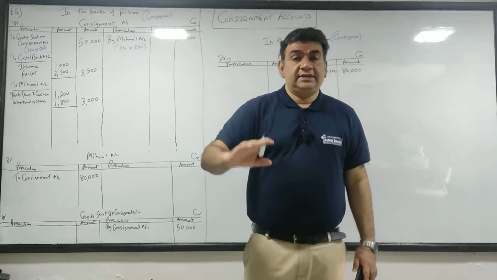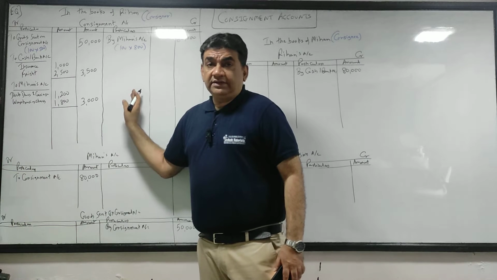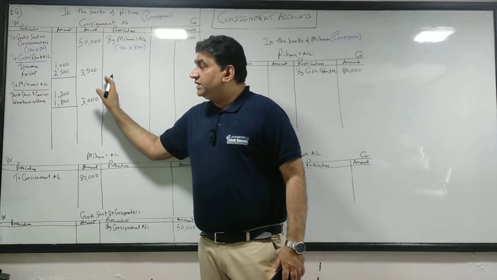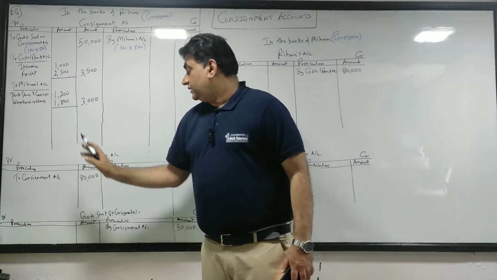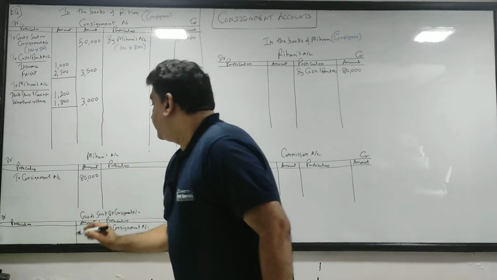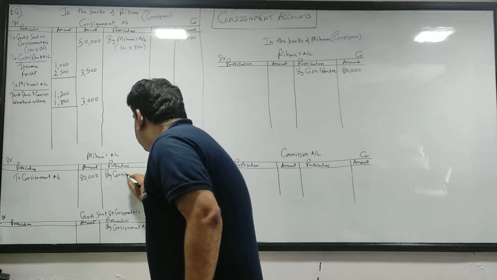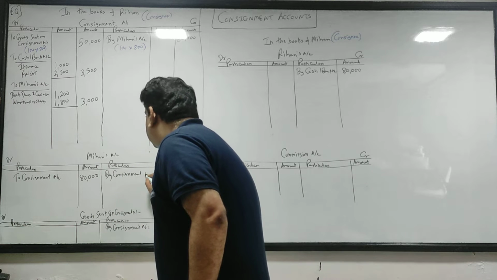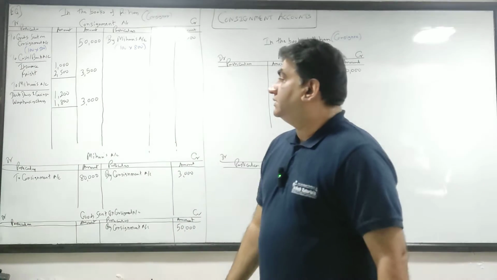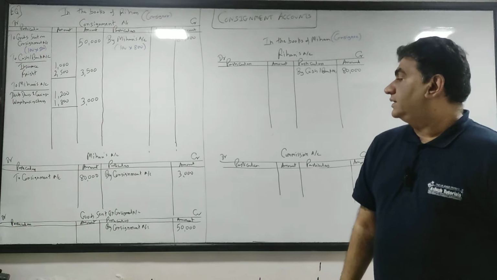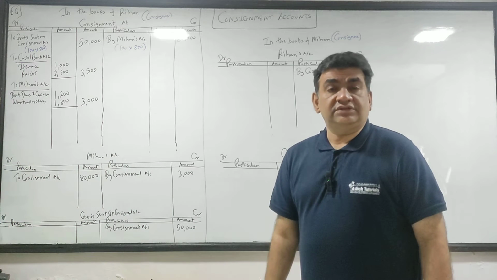I'll repeat, expense है, I have debited consignment, it is payable to Mihan, so I will credit Mihan. To Mihan, second effect, Mihan may buy consignment account, that is 3000.